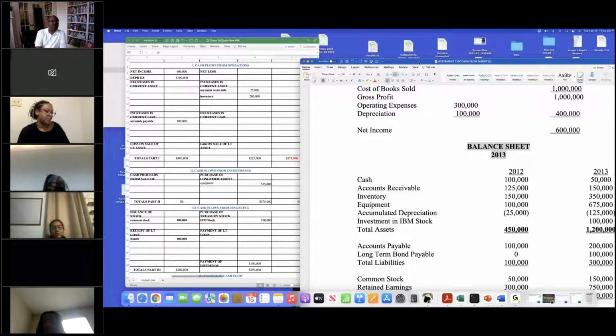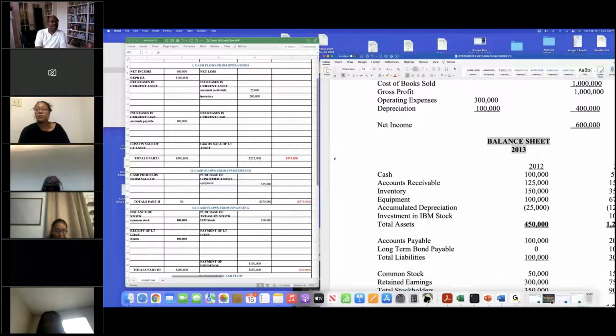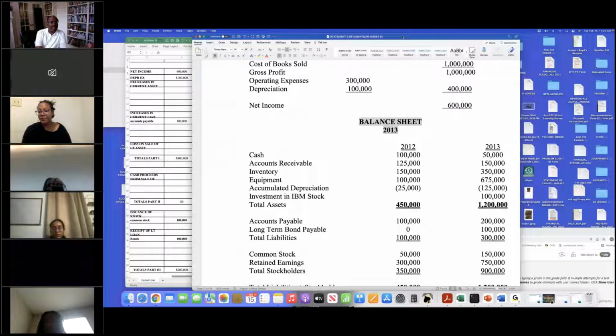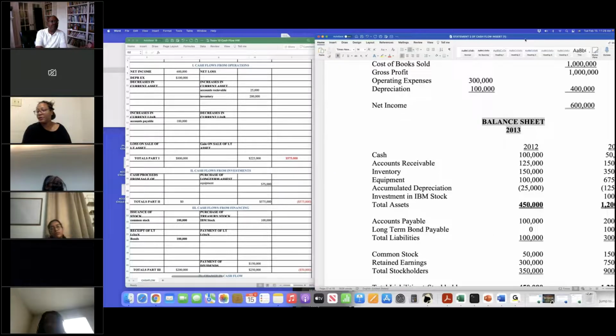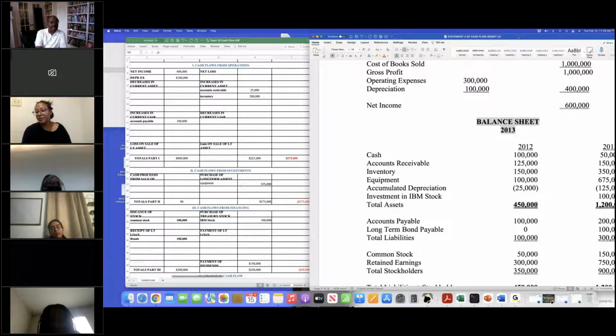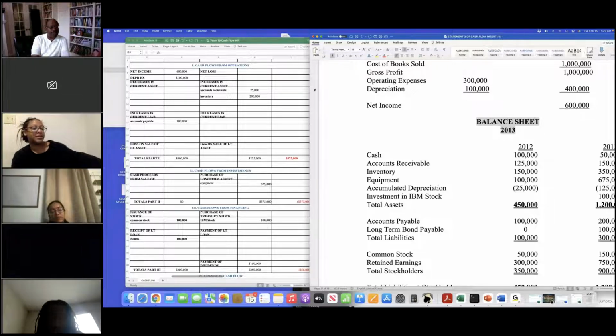Equipment, what are we going to do? Equipment was an increase of 575,000. So what do you do with the increase in equipment? It's going to be in part 2 on the right side, under purchase of long-term asset.